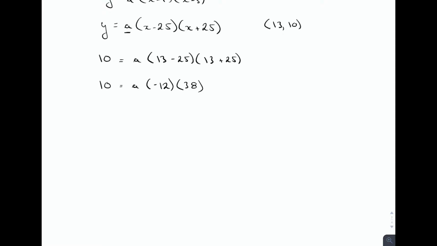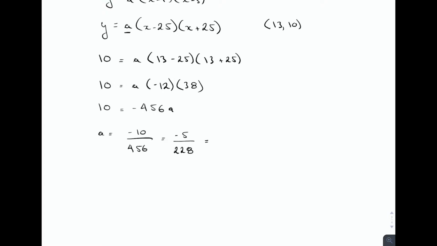And if I crunch those numbers, I get negative 456a, and therefore a is going to be negative 10 over 456, or if we reduce that, divide both by 2, negative 5 over 228.